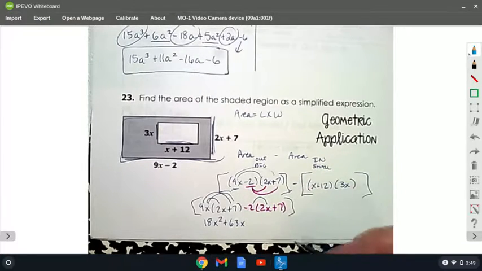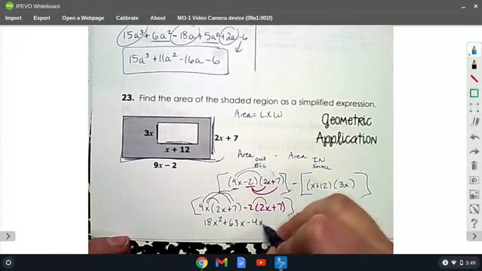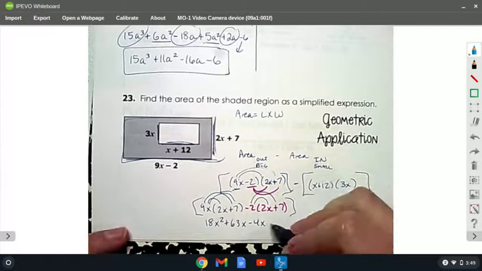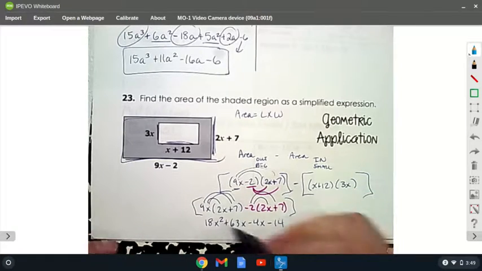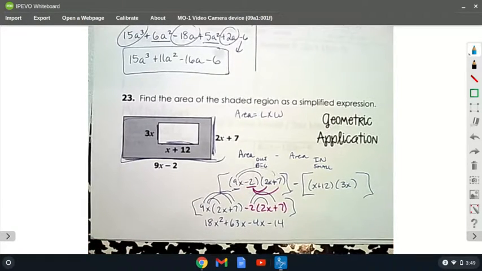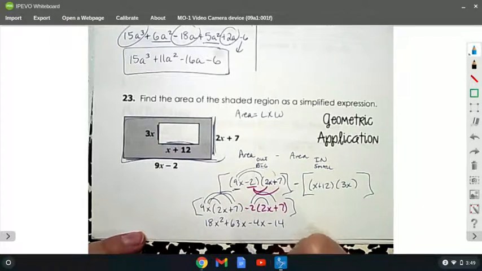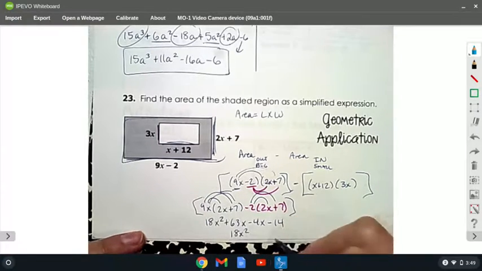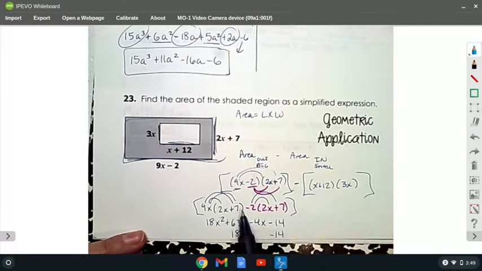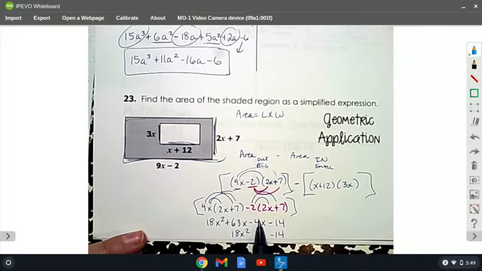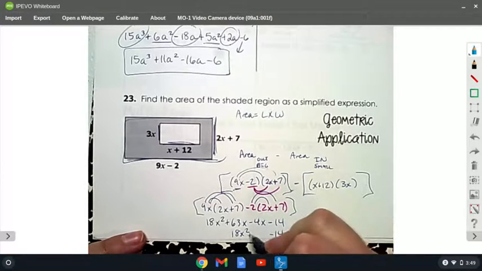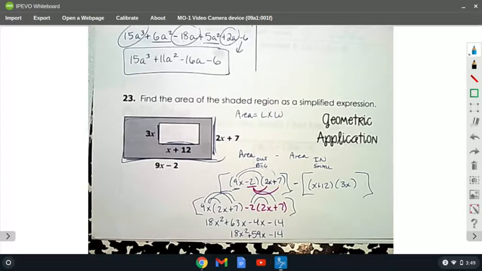Then I'm going to do this negative 2 times 2x to get negative 4x, and negative 2 times 7 to give me negative 14. Okay, I want to simplify here. So I'm going to combine like terms. The 18x squared stays, the negative 14 stays, but I have to combine this 63 minus 4 to get positive 59x.